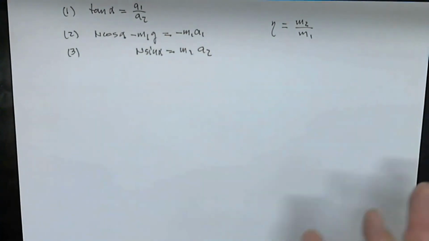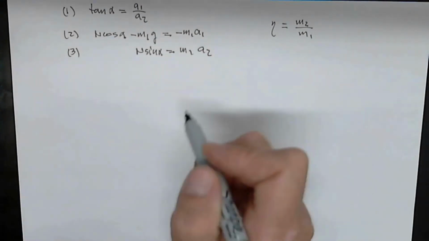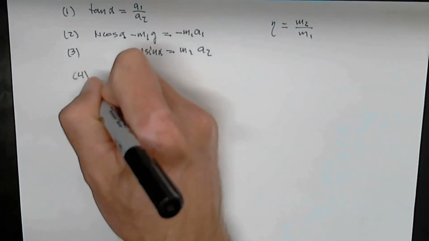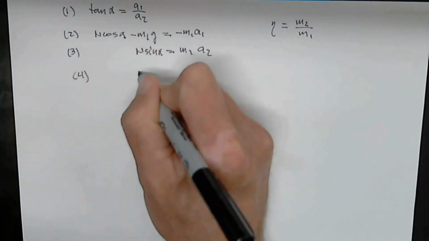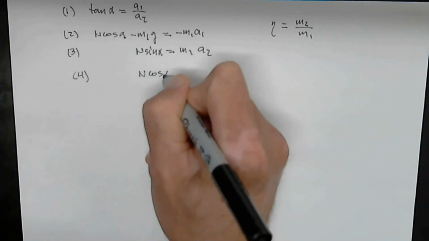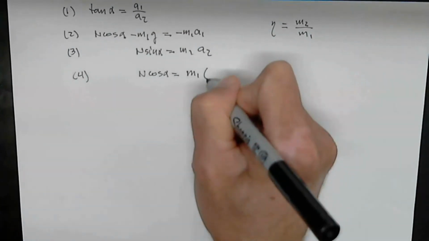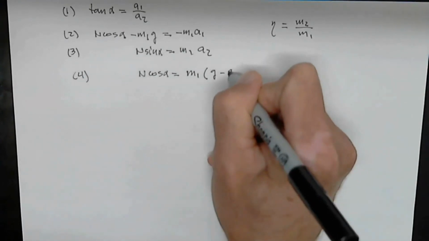Okay, these are the equations, and the basic idea is to modify 2 by moving M1g to the other side. So that's going to be N cosine of alpha equals M1 times g minus a1.